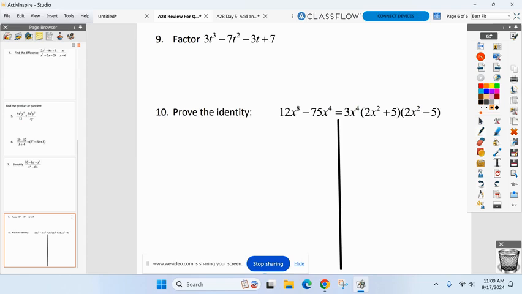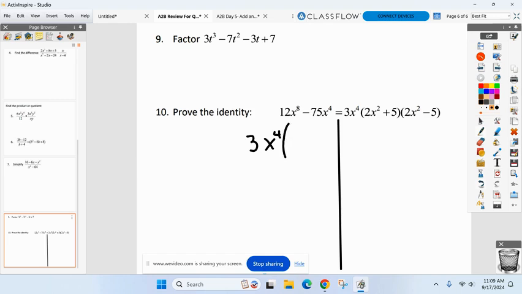GCF. Darn right. Every time you're factoring tomorrow, your first thought is take out a GCF. I can definitely take out an x to the 4th. How about that 12 and 75? 3. Biggest number you want, right? Is 3 the biggest? I think so. I don't think we're going to find anything bigger. So 3 is the biggest. Yep. All right, what are you left with now when I divide?